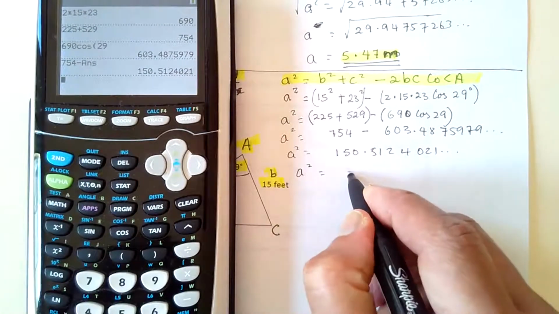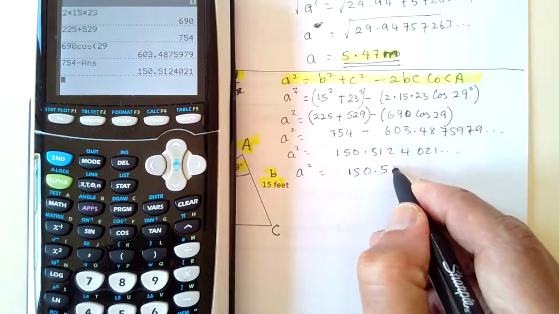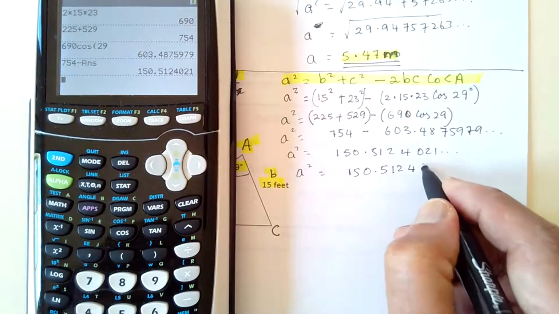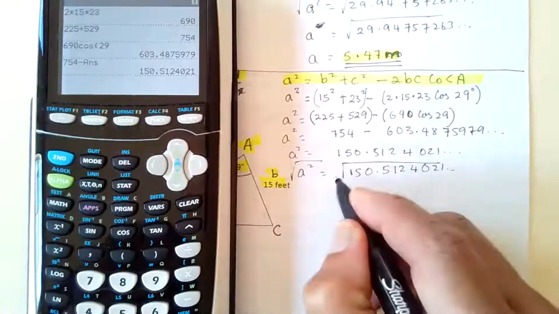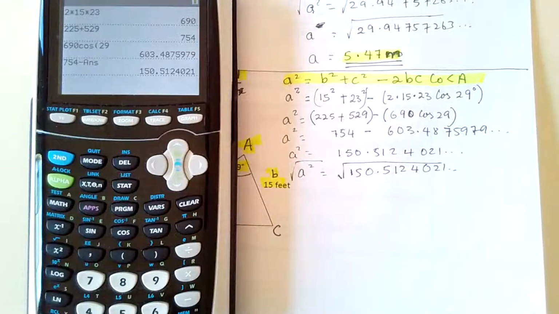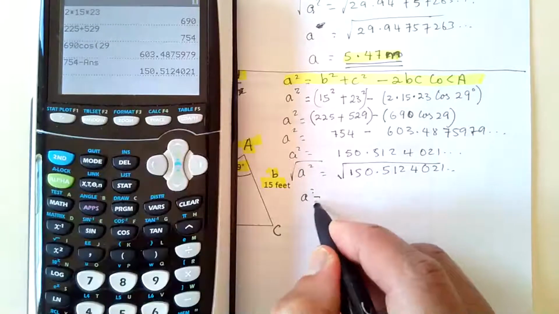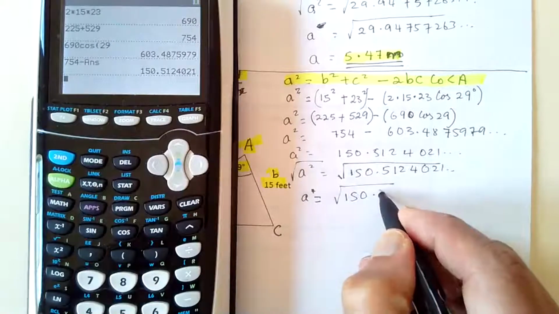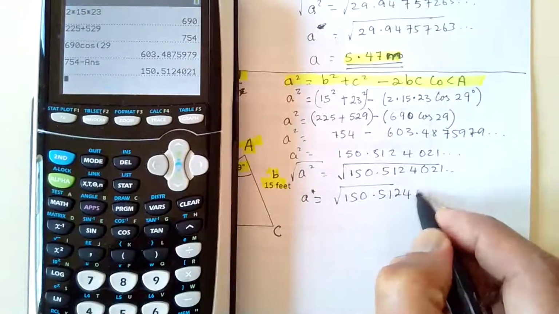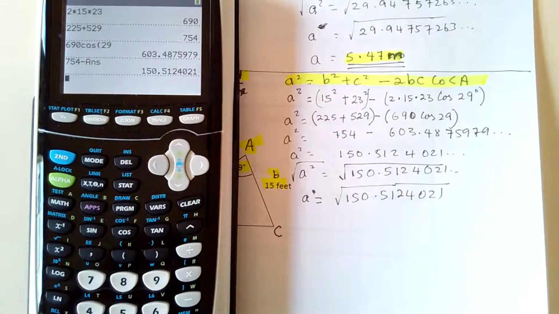Solve for A. Square root both sides. Square rooting both sides, we simplify A squared to A. Next, I enter the square root. I square root 150.5124021.